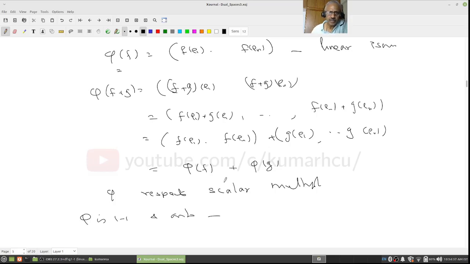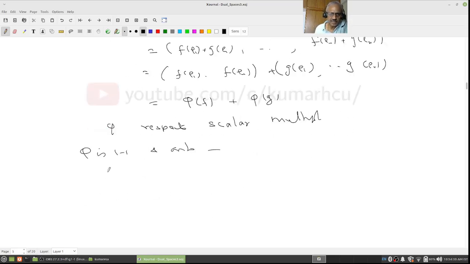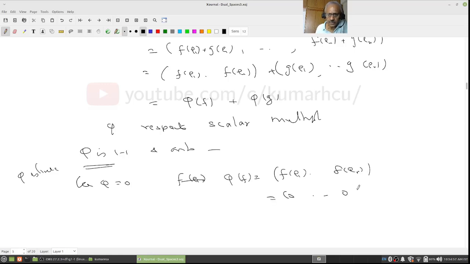Why is it one-one? Since this is already linear, it's enough to show the kernel of phi is 0. Phi is linear. To show it's one-one, the kernel of phi is 0. That means what? Phi of f equal to f of e1, ..., f of en is equal to 0, 0, ..., 0. This implies f is 0 on the basis.